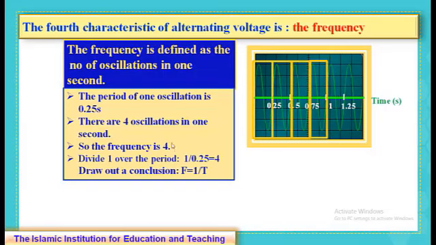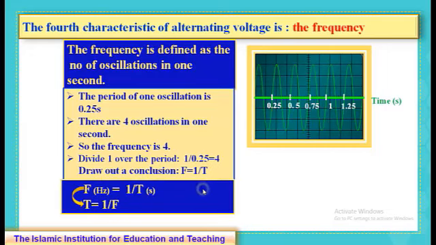So the frequency is equal to 4. Now divide 1 over the period. In this example, the period is 0.25 seconds. It gives us 4. So we can conclude that the frequency is equal to 1 over T. The unit of the frequency is Hertz, under a condition that the period must be in seconds. So when the period is in milliseconds, we have to convert this millisecond to second by dividing by 1000.